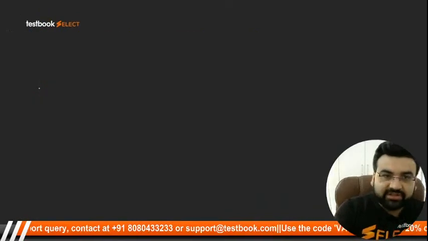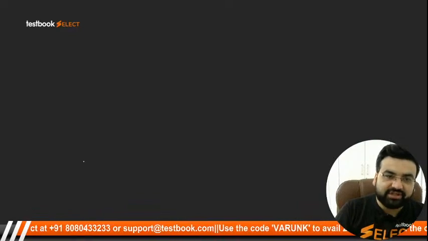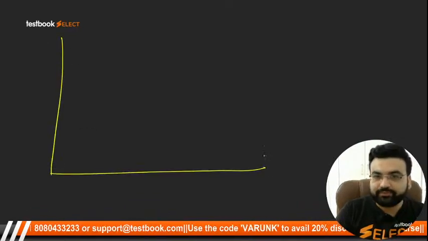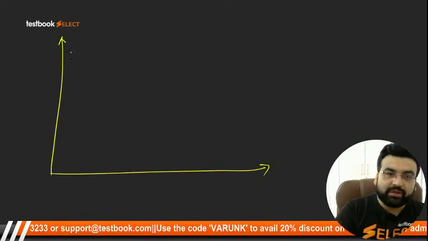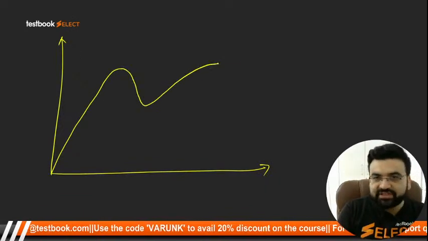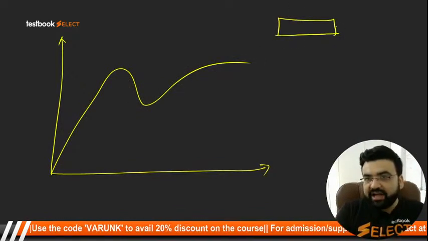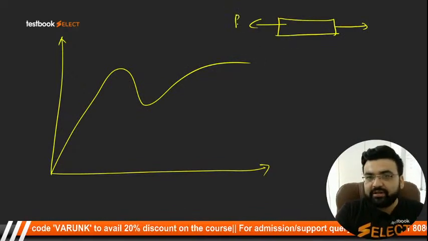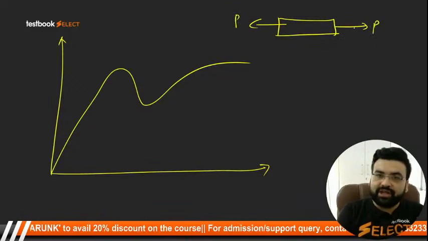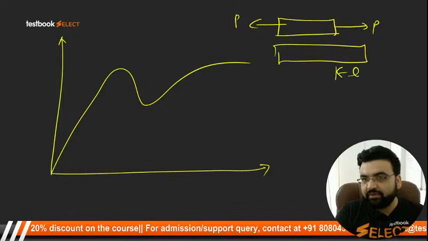Now students, see, this is your stress versus strain curve. Let me draw the stress versus strain curve like this. Let us say this is some material showing this type of graph. Now, this is the material, and you are applying some load here. Clear? You are applying some load here, and the deformation is obviously there. This much is the deformation.